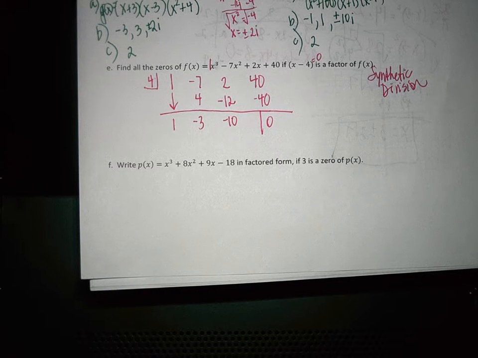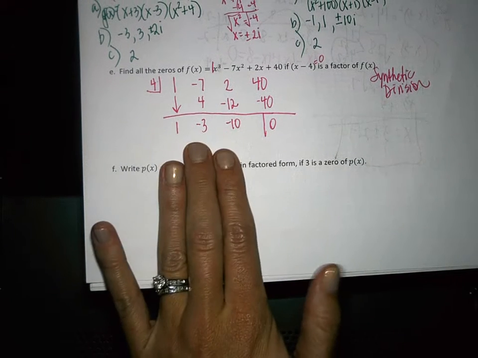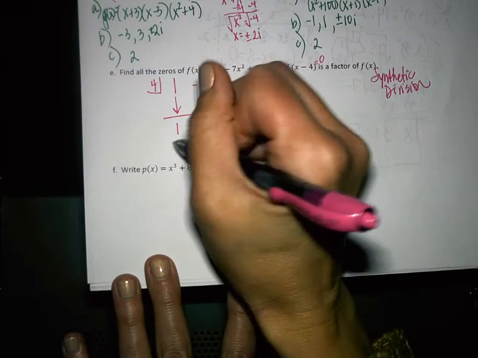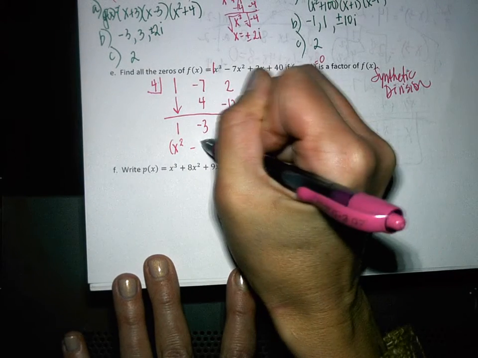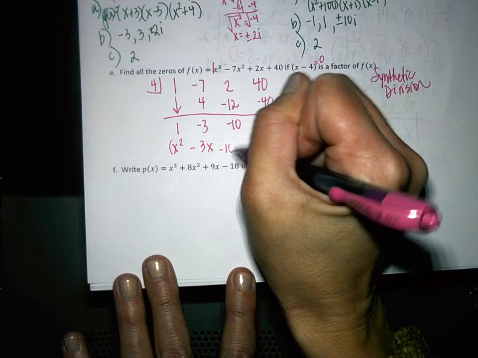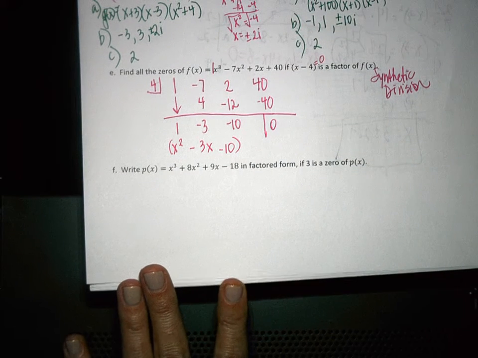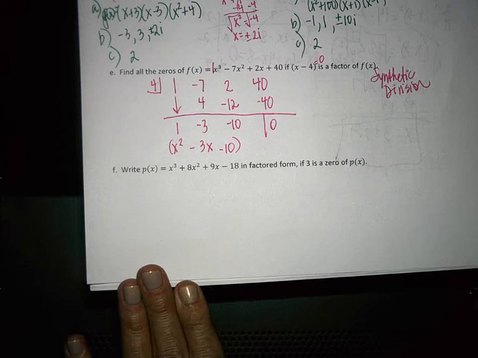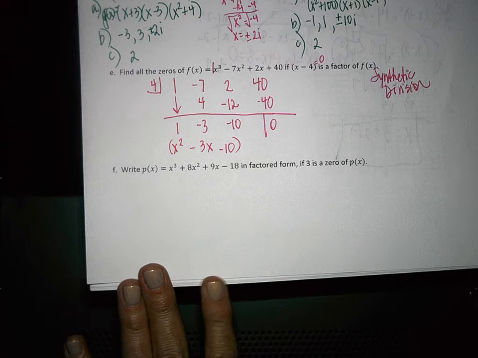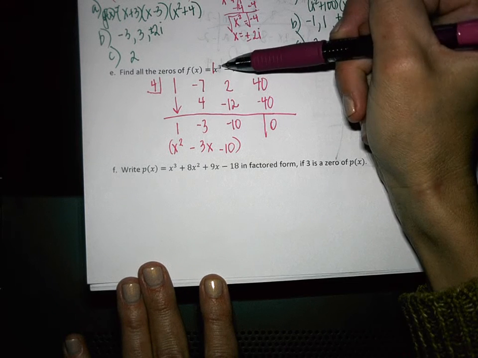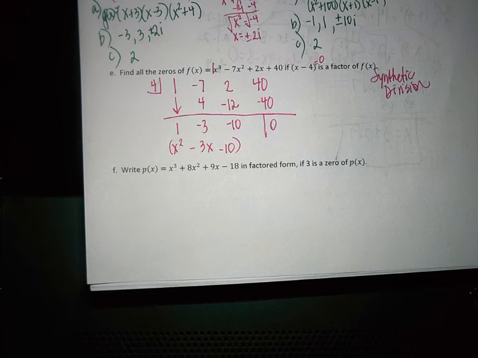Okay. How do I write this? X squared minus 3x minus 10. Now, how did I get that? What do I do? You take an exponent away from the original function. Exactly. So do you see here how this is x to the third?